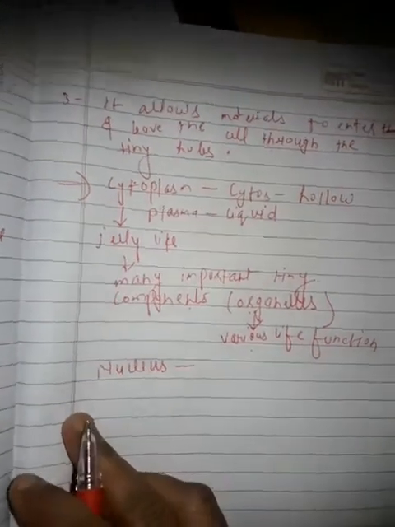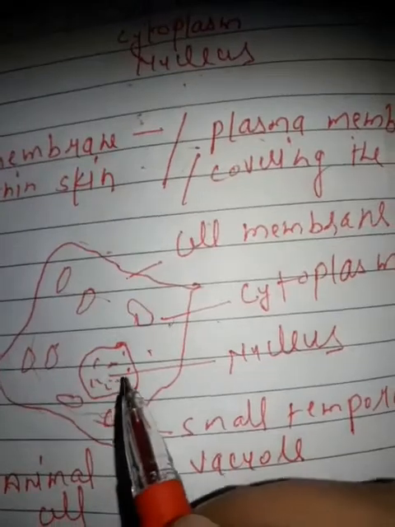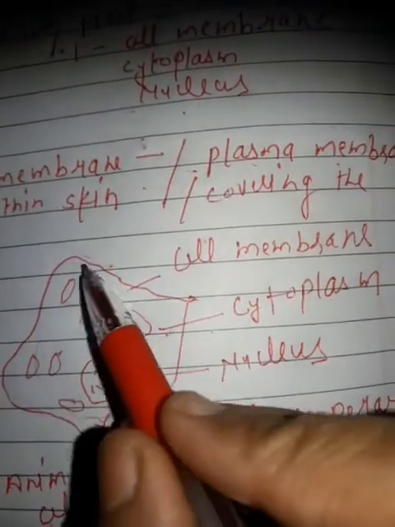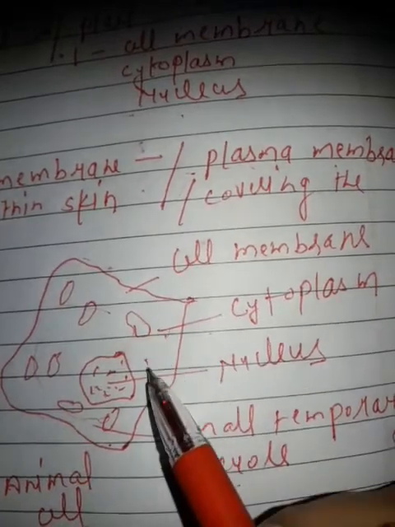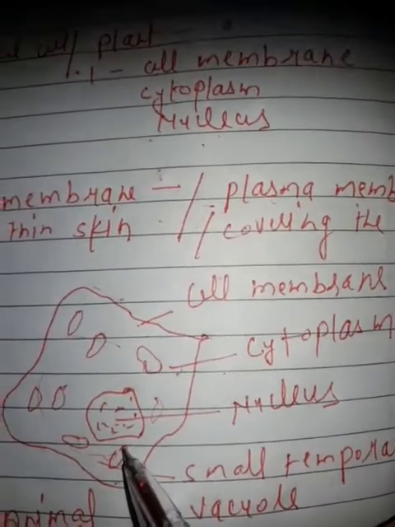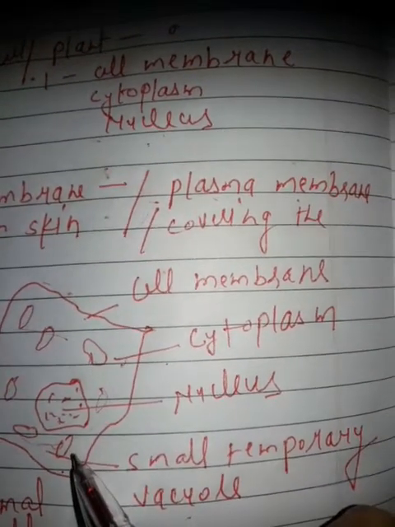Now the nucleus is present inside the cell. As you can see in the diagram, the nucleus is present inside the cell and surrounded by the cytoplasm. The nucleus is the boss of the cell.